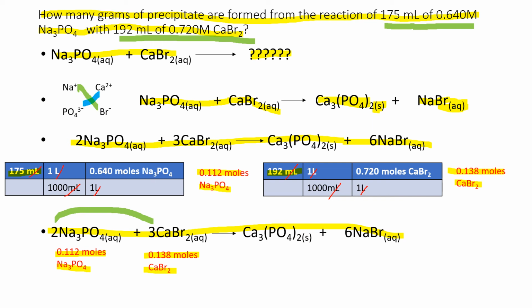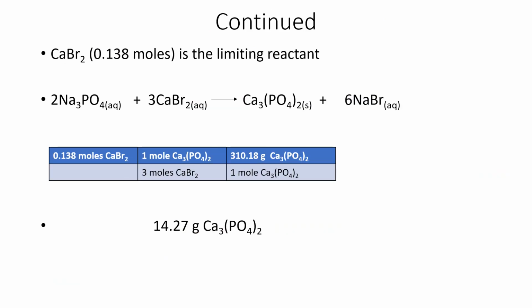So do we have 1.5 times as much calcium bromide as sodium phosphate? And the answer is no, we don't. If you kind of look at that, that ratio is less than 1.5. That's going to make the calcium bromide the limiting reactant right away. Doing the same thing we did previously when we dealt with limiting reactants.